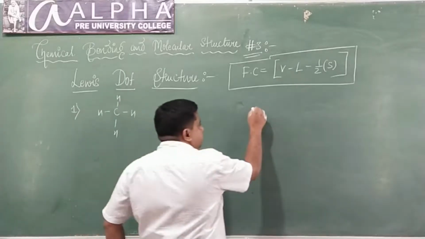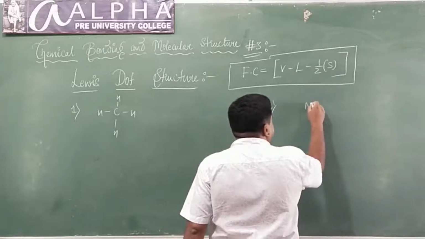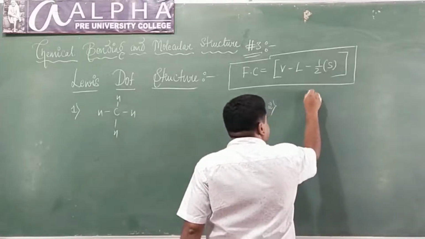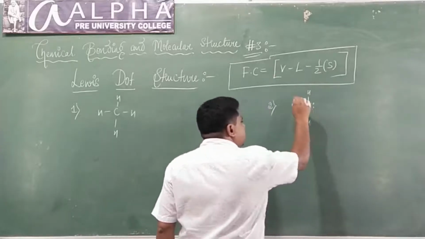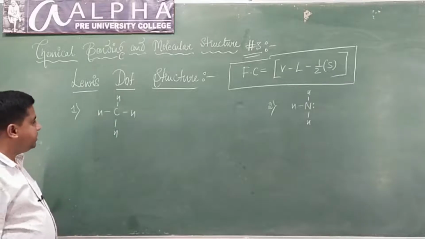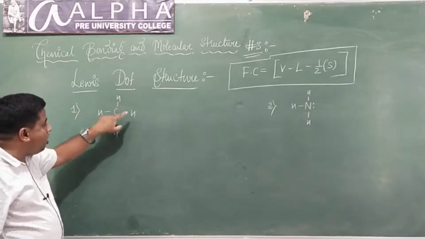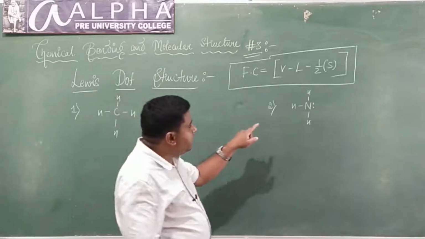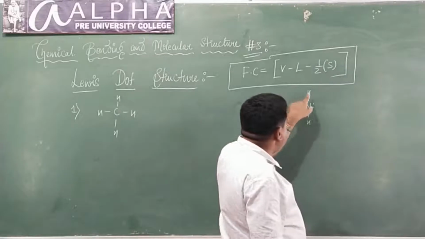And also, I'll take ammonia, NH3. Let us calculate the formal charge on nitrogen and on all the hydrogens.